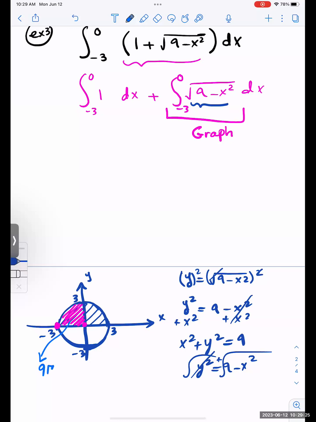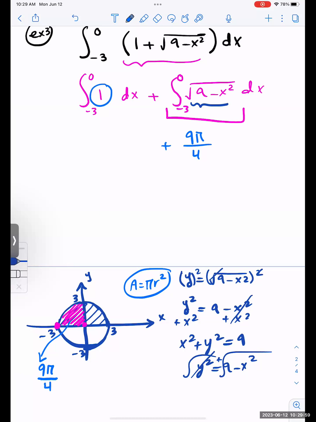So in this case, pi times 3 times 3, because r is 3, so 9 pi. But then you're dealing with just a quarter of a circle. So 9 pi over 4. So the integral of this piece is 9 pi over 4.